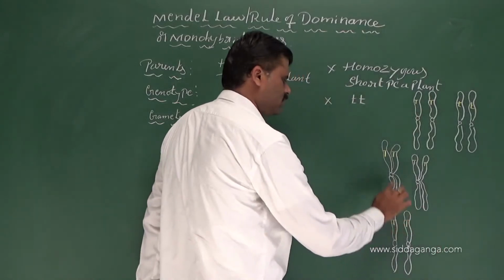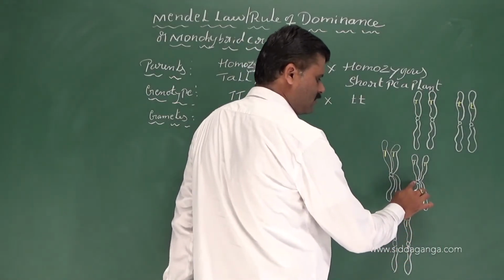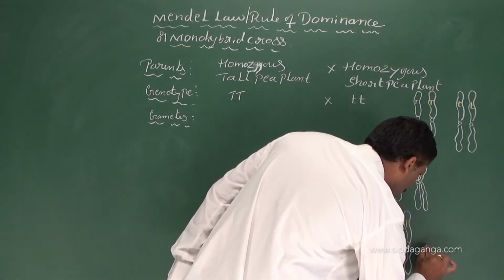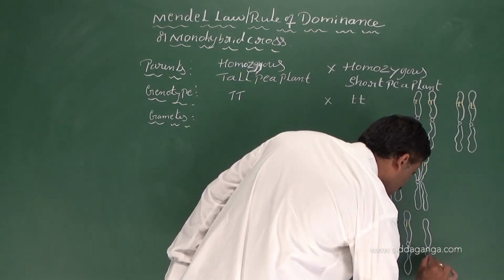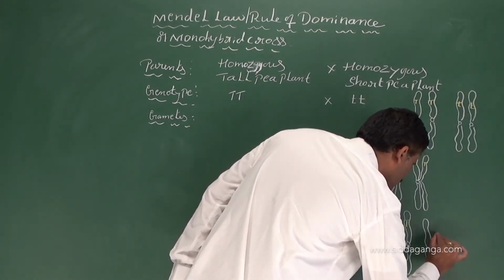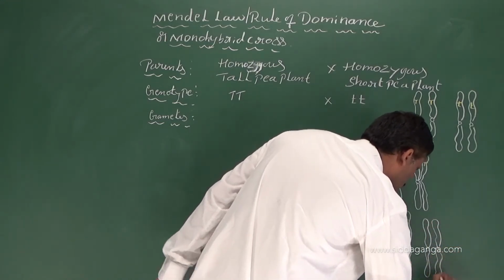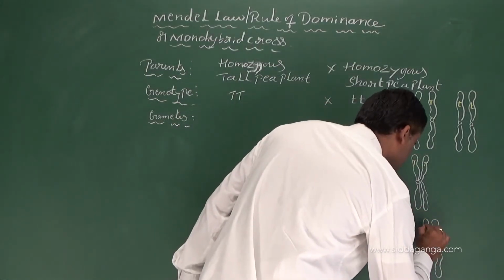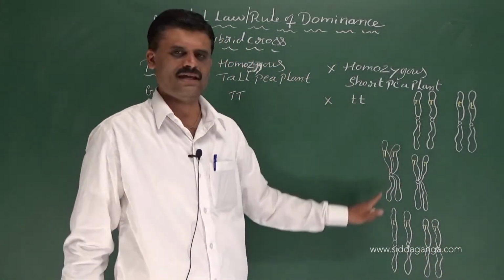These chromosomes split to form two daughter chromosomes. This parental chromosome also splits to form two daughter chromosomes. These individual daughter chromosomes carry respective genes inherited from the parents.